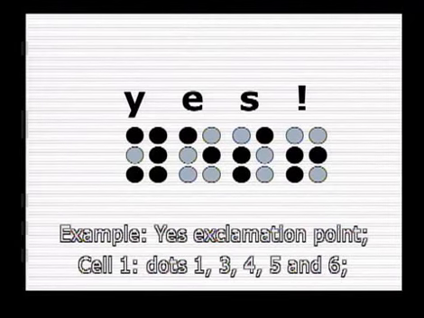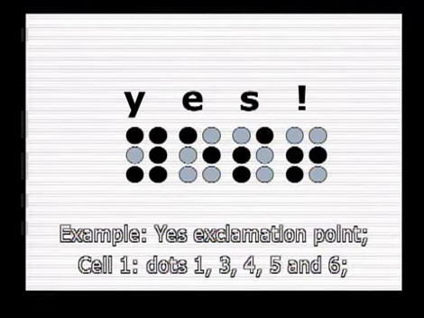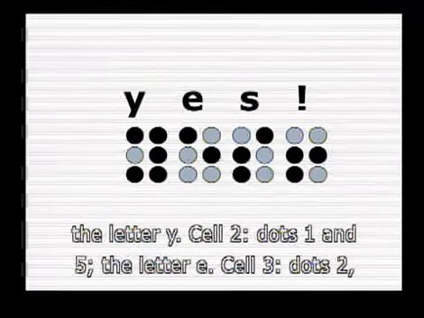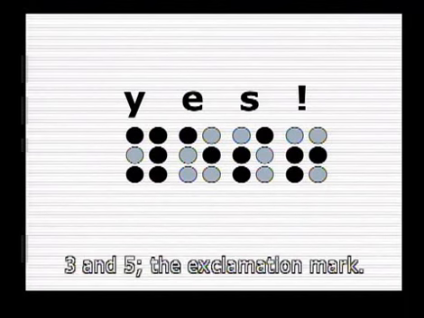Example, yes, exclamation point. Cell 1, dots 1, 3, 4, 5, and 6, the letter Y. Cell 2, dots 1 and 5, the letter E. Cell 3, dots 2, 3, and 4, the letter S. Cell 4, dots 2, 3, and 5, the exclamation mark.